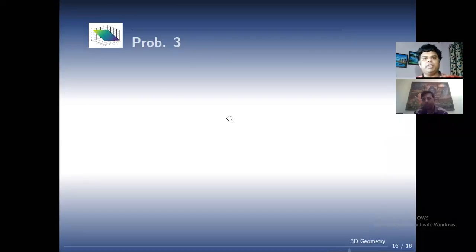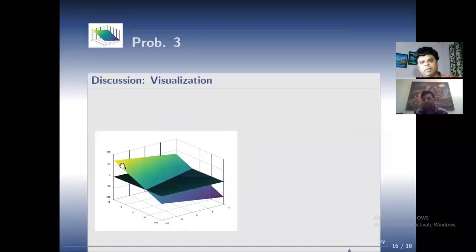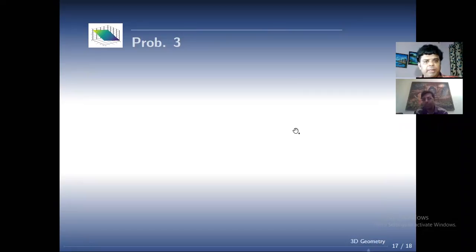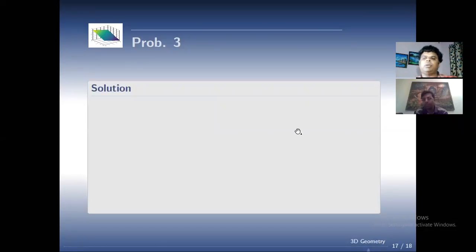So the visualization here is there are these two planes, they are intersecting on this line. There is a point somewhere there, maybe here, from which I drop a perpendicular, and I know the distance of the perpendicular from the point to the plane which is going to contain this line, and that is given to be 2 by square root of 3. I have to use that to solve.